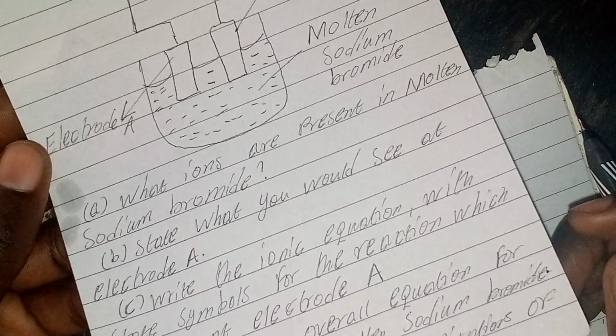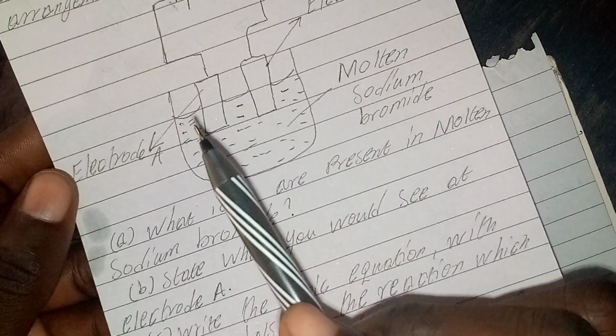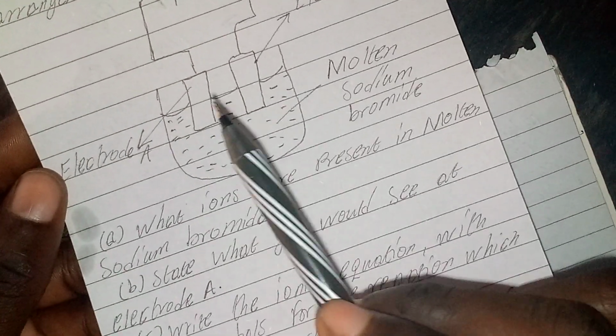Question B reads: state what you would see at electrode A. So at this electrode, what can you see?